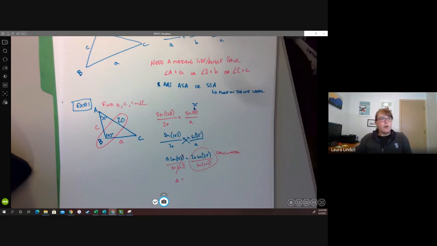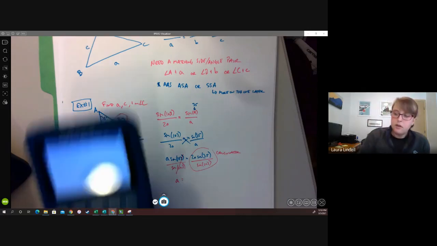So the first thing you want to do on problems like this is make sure your calculator is in degree mode. I know we've been working in radian mode quite a bit lately. For pretty much all of these law of sines and law of cosines problems, though, you're going to be given angles in degrees. So take a moment with your calculator.